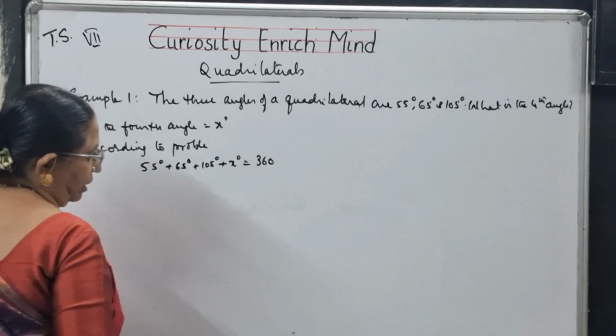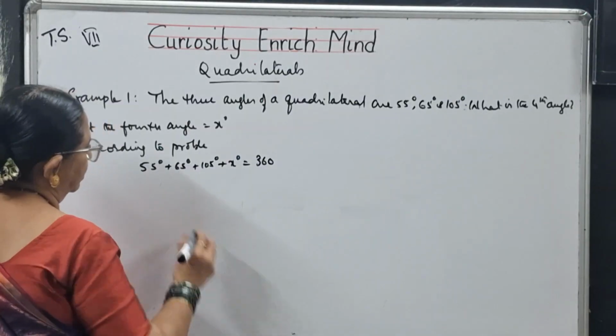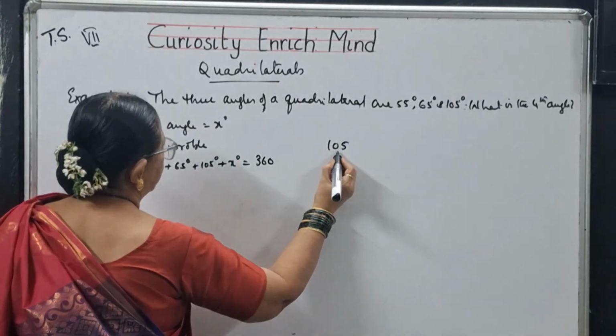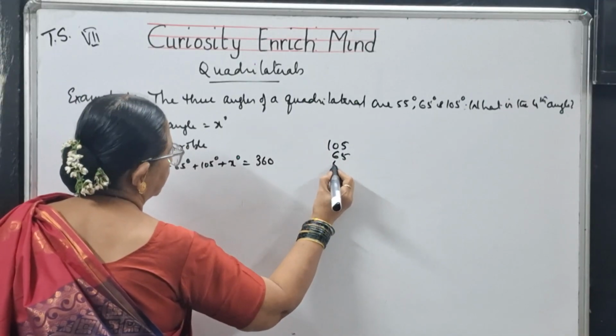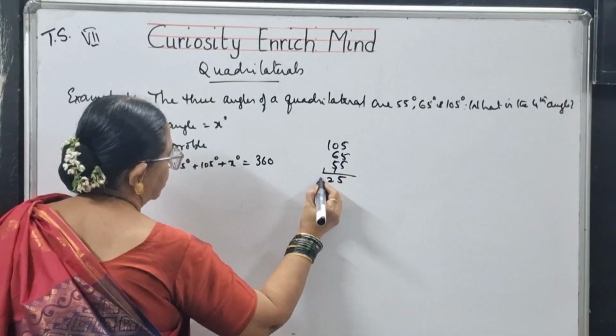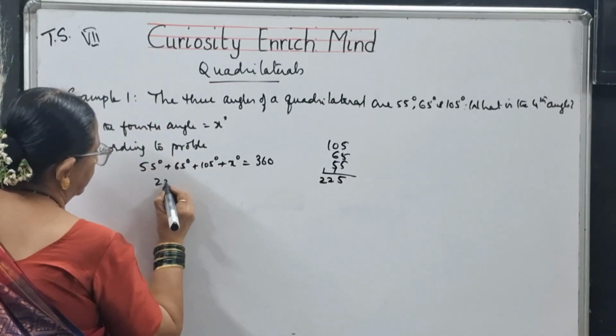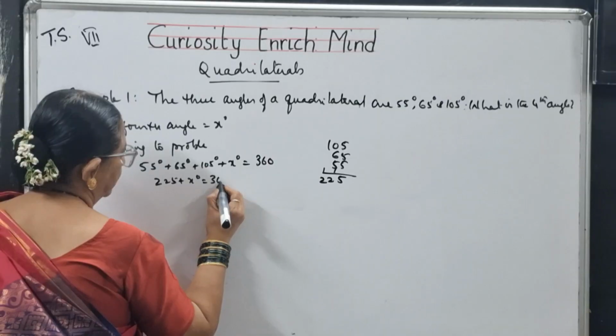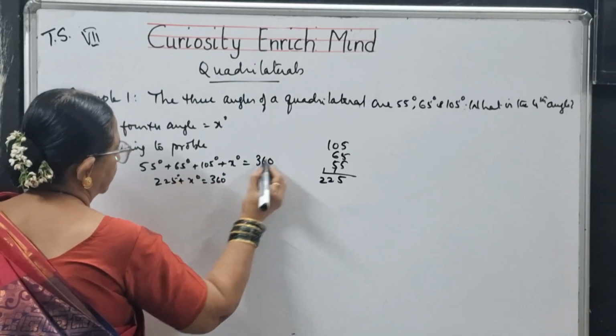The sum of a quadrilateral's angles is 360. So when you add 105, 65, 55, you get 225. 225 plus x degrees is 360 degrees.